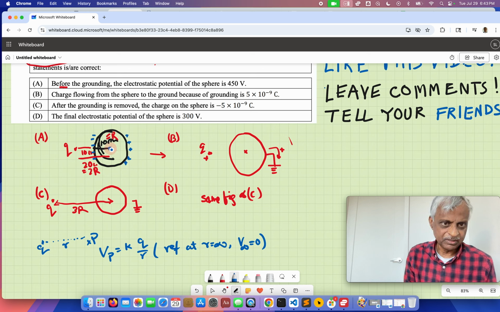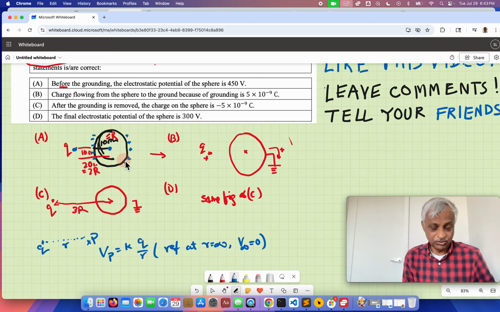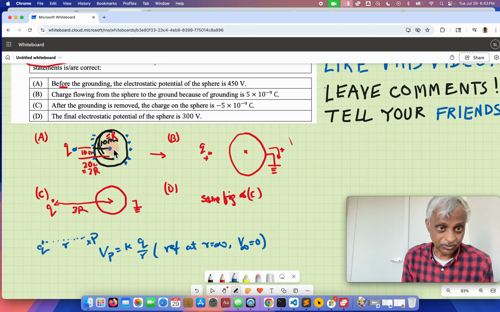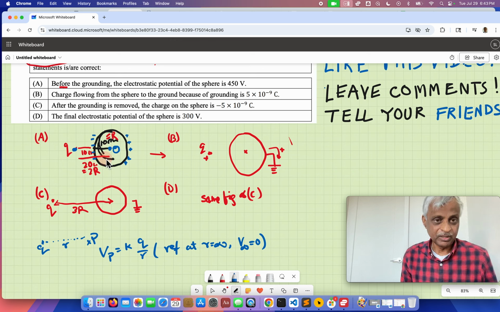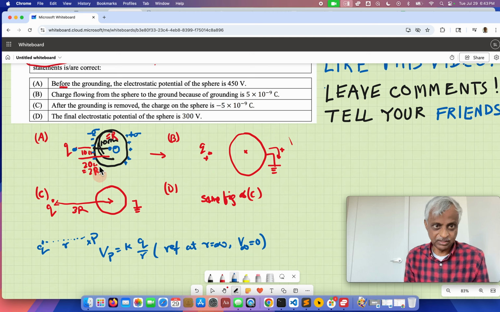So potential there will be the potential of these equal and opposite induced charges. So at this point, say point O, there will be minus sigma and plus sigma. Because they're at equal distance, they will cancel out.